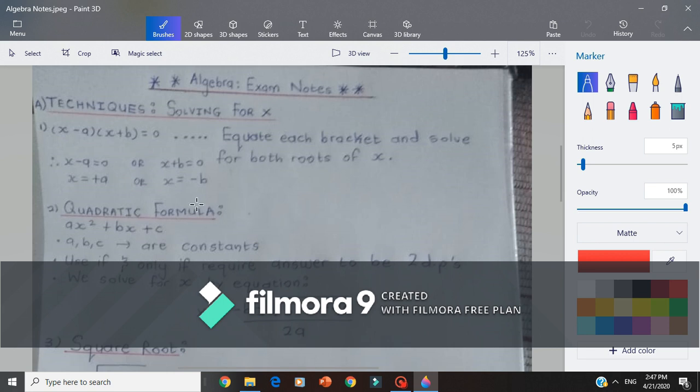The first technique we're going to look at is where we have two factors already factorized for us and it's equal to 0 in your question paper. Whenever you see a question like this, what you should do is equate each bracket and solve for both roots of x.